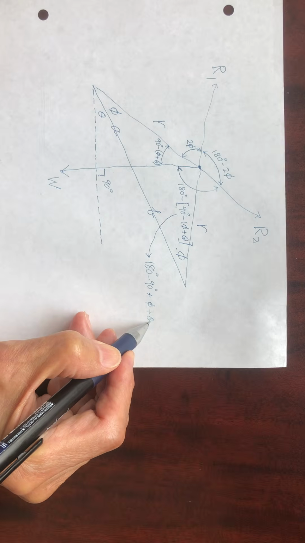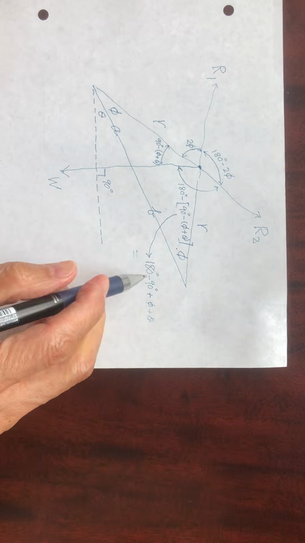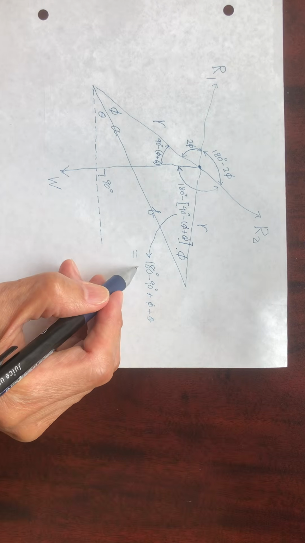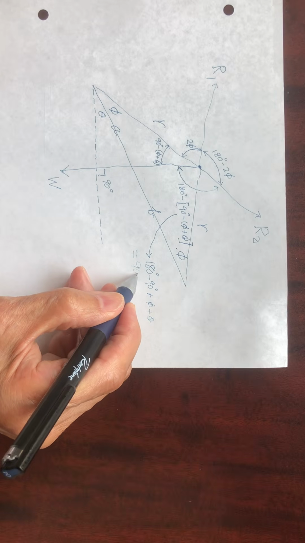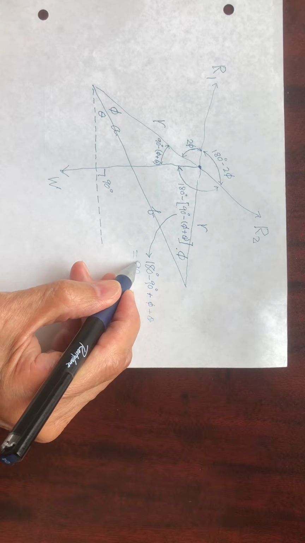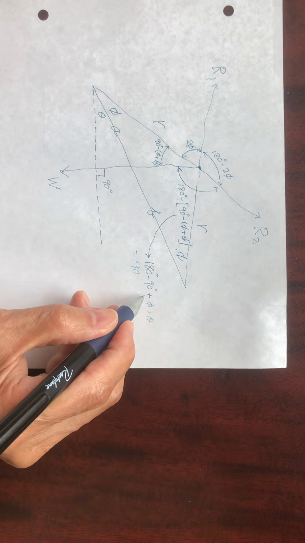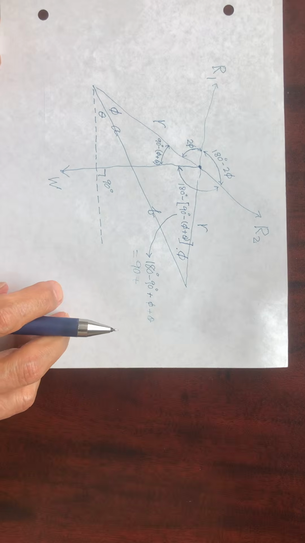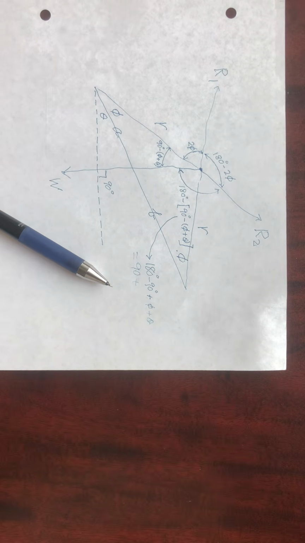And then this is equal to 180 minus 90, which is 90. So it's 90 plus, oh, I ran out of ink. I'm sorry, give me 1 minute. I get a new pen.